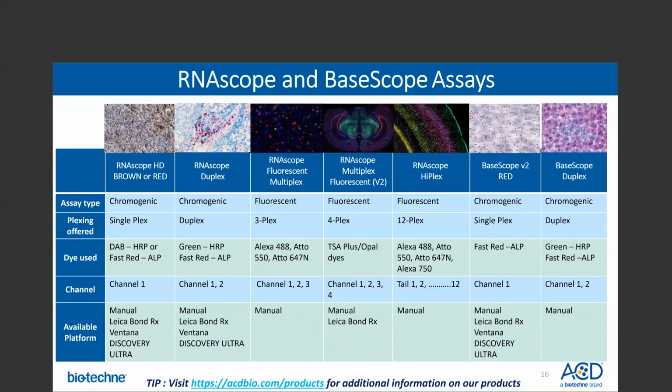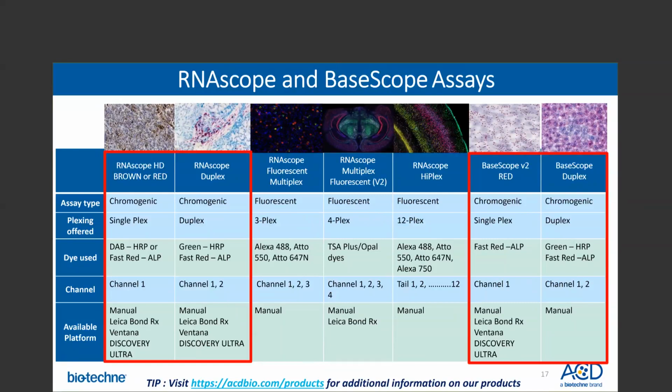At this point in time, only the single-plex BaseScope assay is compatible with automated platforms like Leica BOND and Ventana Discovery. As I mentioned on the title slide, the focus for today's webinar will be on chromogenic assays, so we'll focus on RNAscope and BaseScope chromogenic assays.